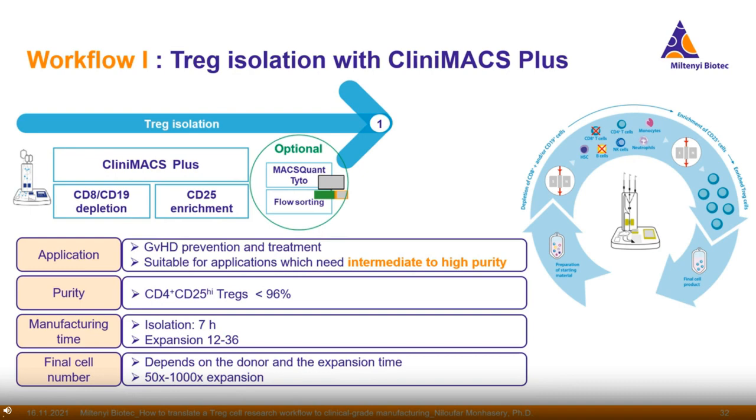There are different approaches, and you need to see which method for expansion of your cells fits best to your application. Final cell numbers differ depending on the donor and the expansion time, but we expect to get 50 to 1000 times expansion.